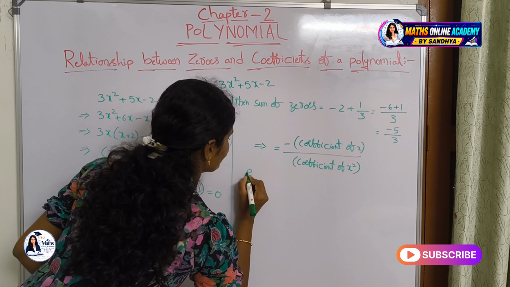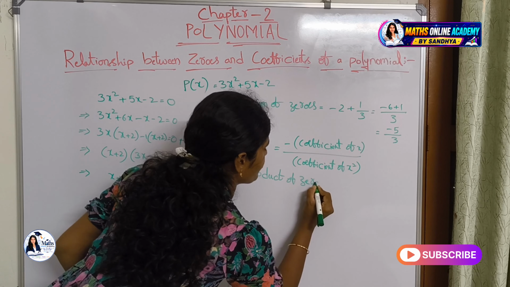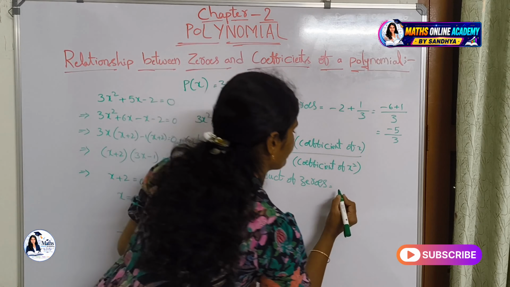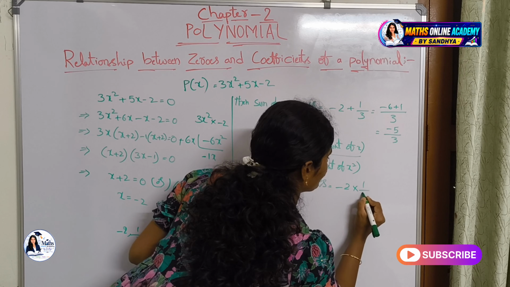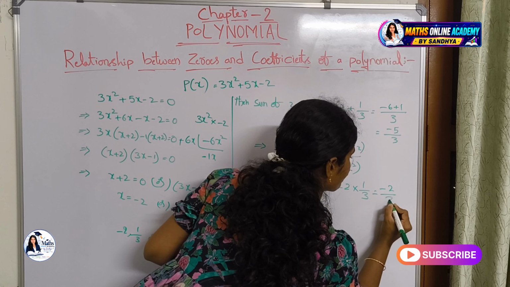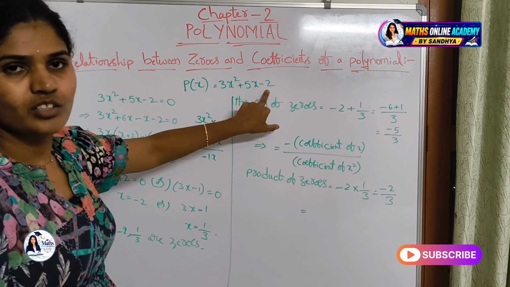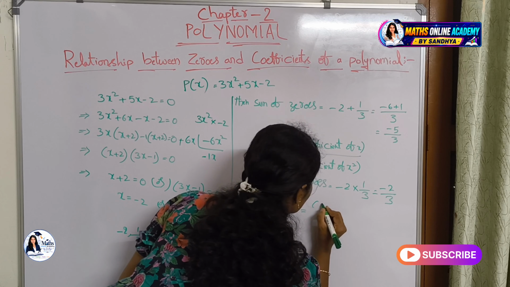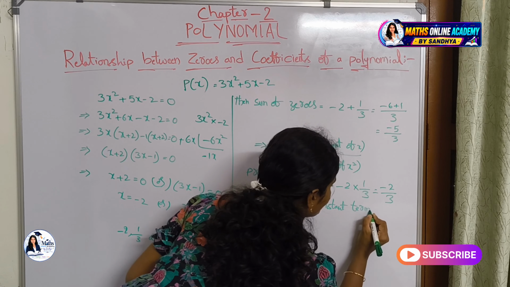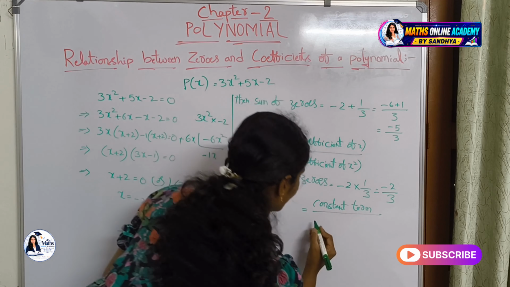Next, product of zeros. Product of zeros equal to minus 2 into 1 by 3, that is minus 2 by 3. So minus 2, what is that? The constant term, divided by the 3 value, the coefficient of x square.